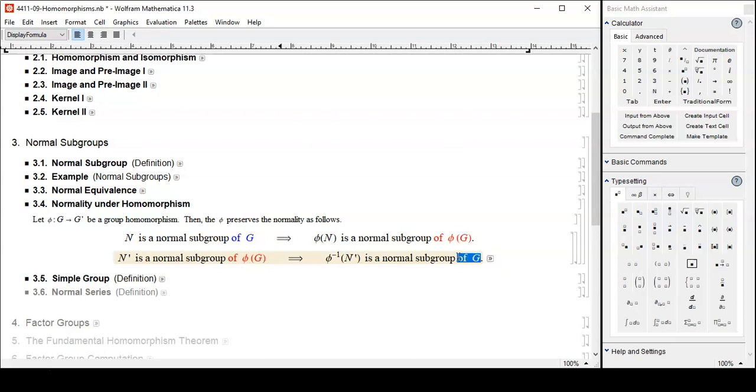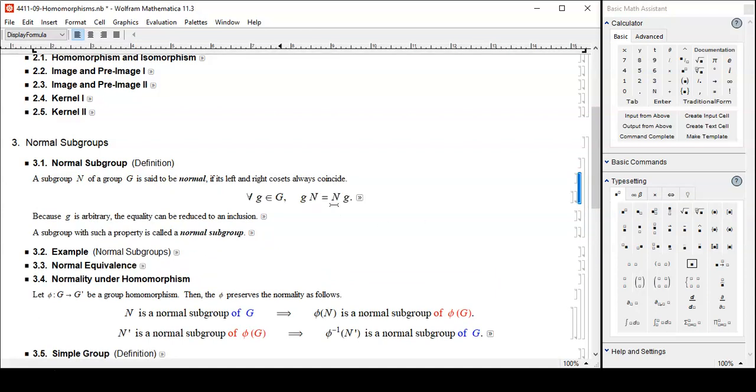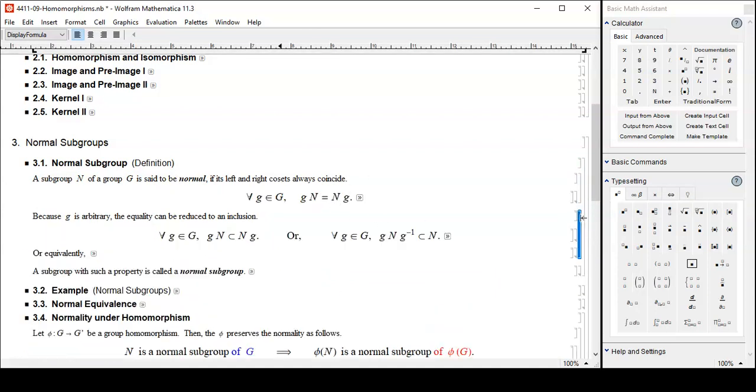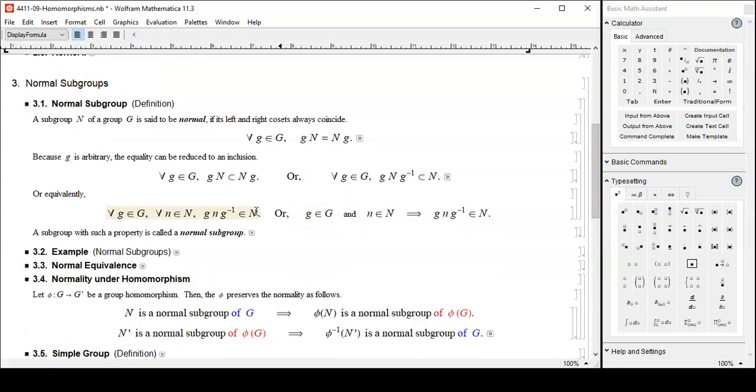Let's go back to the definition of the normal subgroup. You see, that's the definition of the normal subgroup here. And then here's a practical criteria. Okay, all right. So we want to check this. But then again, this has to be true for all elements g in the group we are considering.